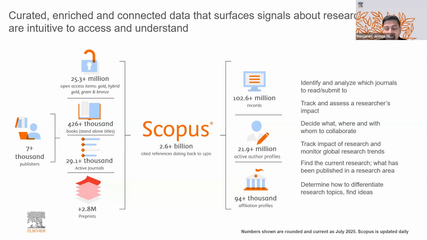We have over 25 million open access items. Scopus also contains information from 426,000 books, 29,000 active journals, 2.8 million preprints, over 100 million records, 21.9 million active author profiles, and 94,000 affiliation profiles as well.